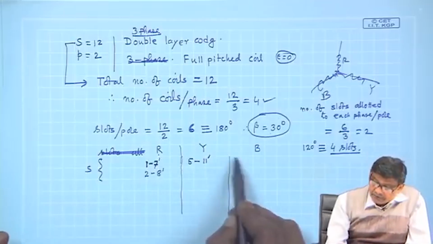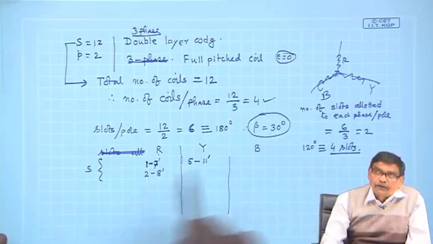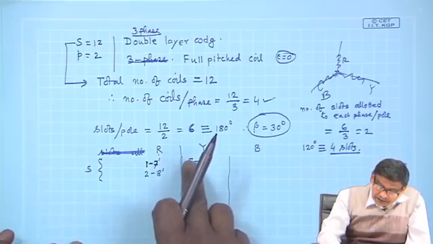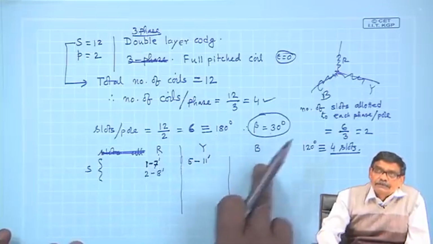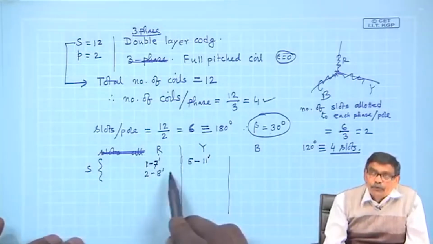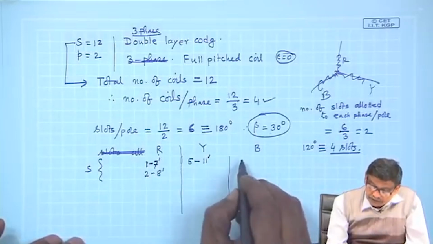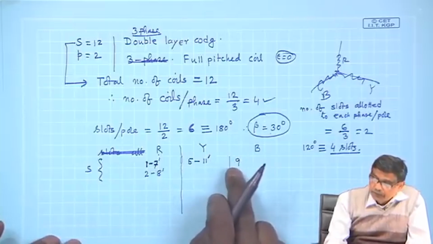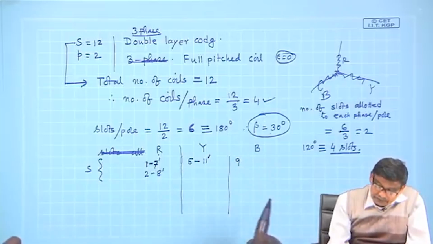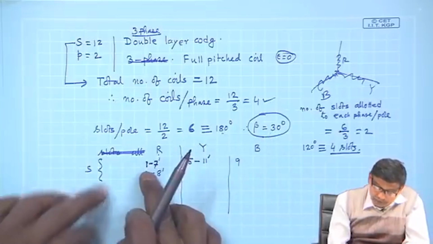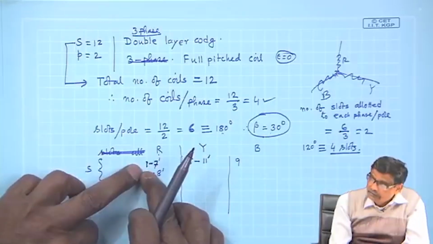Similarly, the starting of B phase coil should be after 120 degree from Y phase. Therefore, another 4 you go, that is 5 plus 4, this is 9, and its return should be 9 plus 6. Therefore, 120 degree I will go from slot number 1.